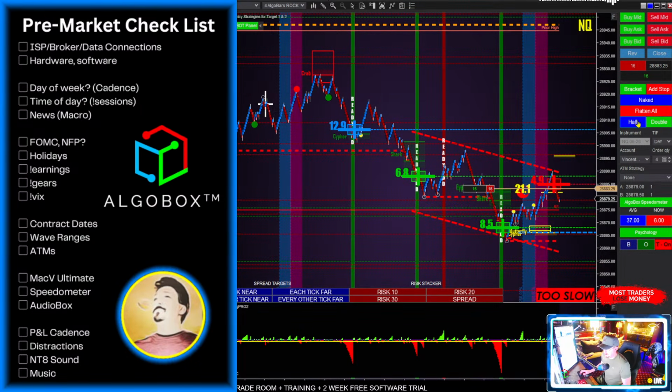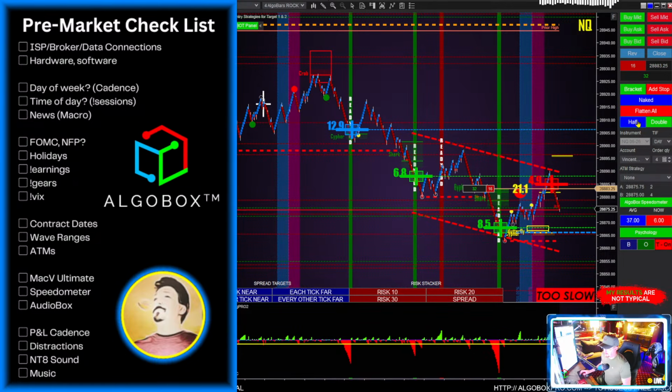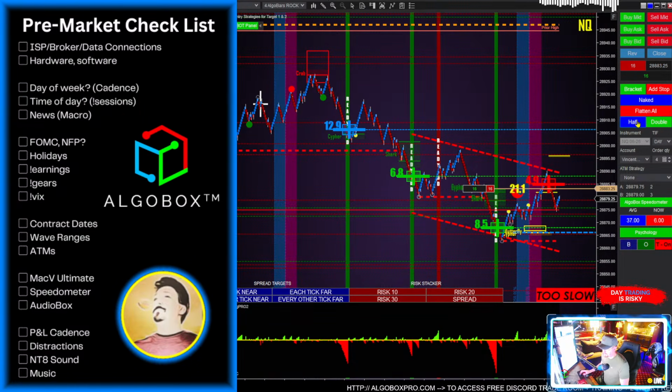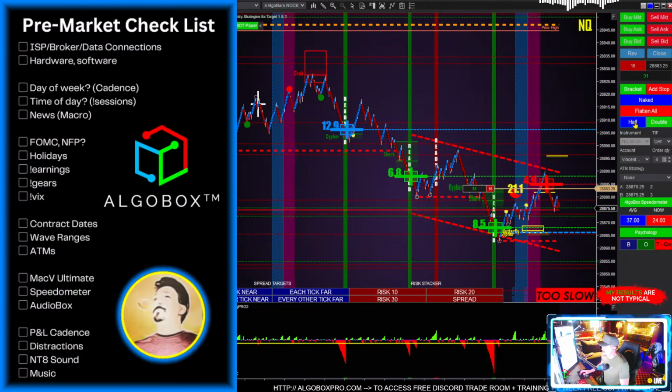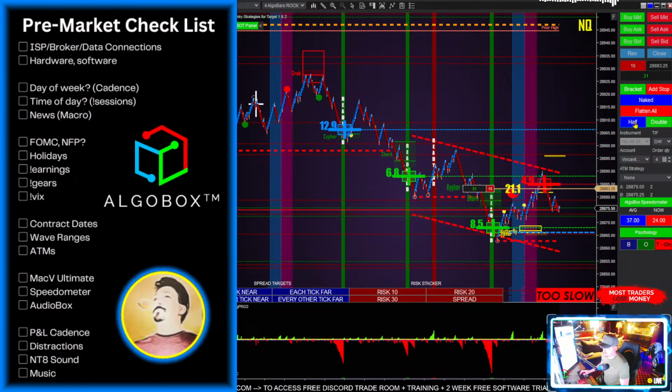As we come back down to my POE, I'm going to go ahead and take part of that loss here as we come back down and hit that POE. If you get all the way down there, it was basically a lucky play. Because we've got high time frame plays to the upside, I'm hoping I get a little bit more. That's R1.